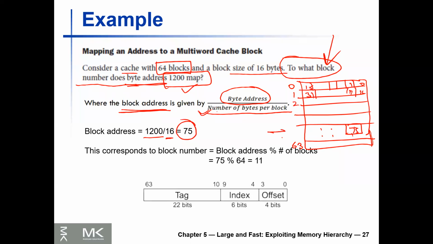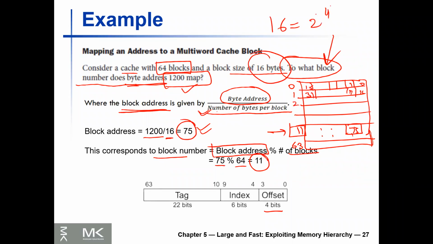Now they are asking which block. So for the block number, the block address is clear to us, and then use the modulus operator. So 75 modulo 64, you will get 11. So this is block 11, where this is going to be located. They are just showing here 0 to 3. So 4 bits are used for the byte offset, because 16 is equal to 2 to the power 4.